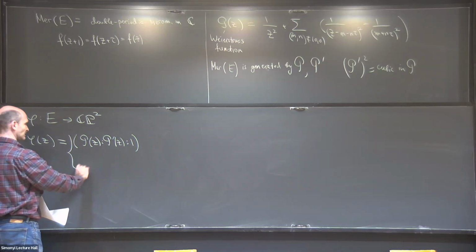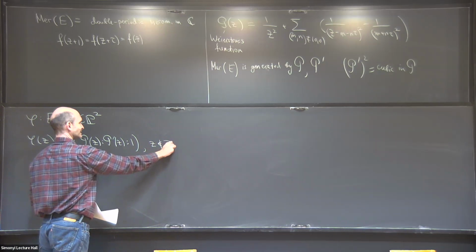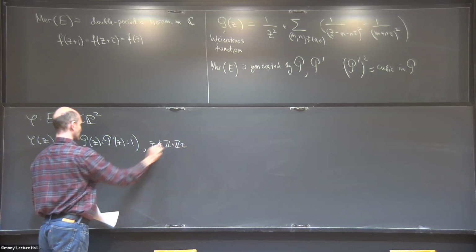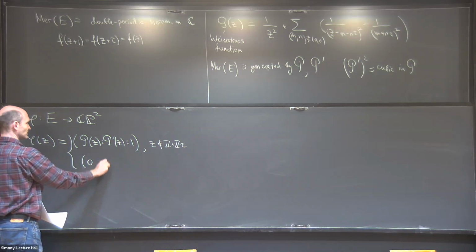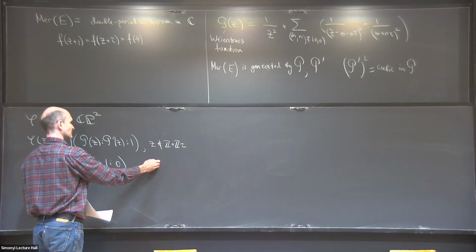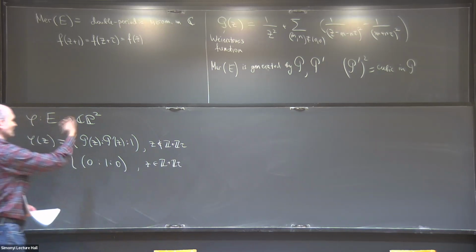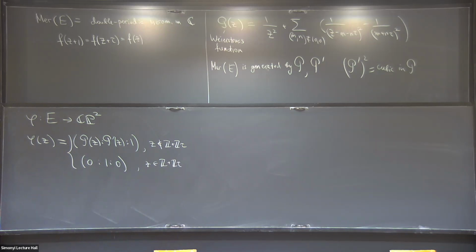This is if z does not belong to the lattice, and it goes to 0, 1, 0 if z is in the lattice. And because of the periodicity, this is actually an embedding. You have to work a little bit to prove that it's actually an embedding. And the image is given by a smooth cubic curve.